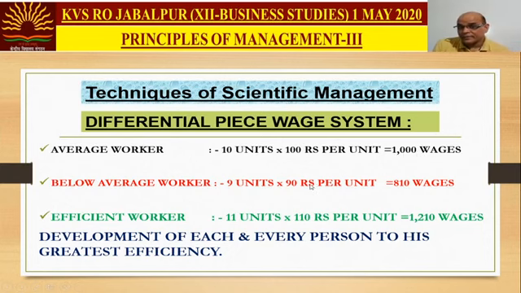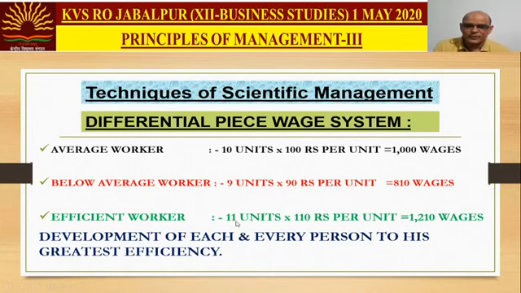At the same time, to motivate the worker up to their greatest efficiency, at the next level we also keep a higher rate for extra efficient workers. If a worker is producing 11 units within the same infrastructure, then he should be paid at a higher rate. There should be some kind of motivation for such a worker.